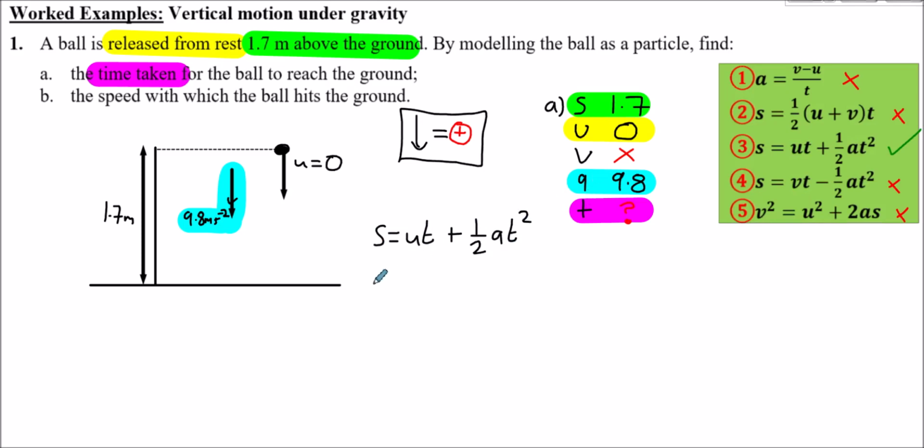So s is 1.7. u is 0, so ut is just nothing. a is 9.8, so half of a is 4.9. So we have 1.7 equals 4.9 t squared. So therefore t will be 1.7 divided by 4.9, and all of that square rooted.